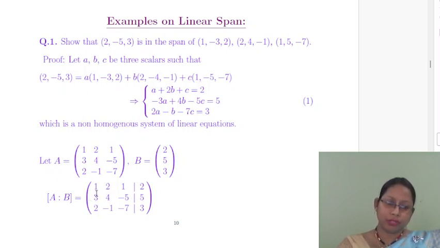To make -3 zero, you have to multiply this equation by 3 and add it to this equation. So use proper transformation. Then here again, to make this 0, multiply this row by 2, then subtract it from this, and you will get this 0 and this 0.